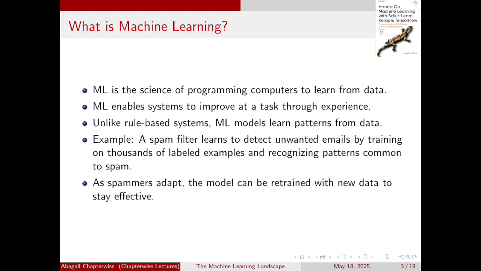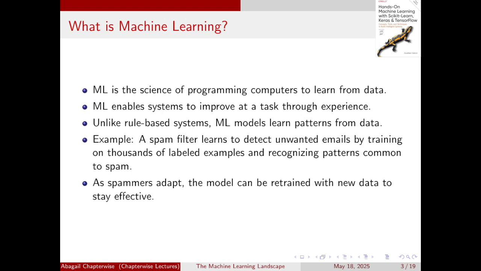The machine learning spam filter begins by analyzing the contents of each email, looking at the words, structure, sender information, and other characteristics, and converting that information into a form the model can process mathematically. It then uses this data to learn which patterns tend to appear in spam versus legitimate emails.